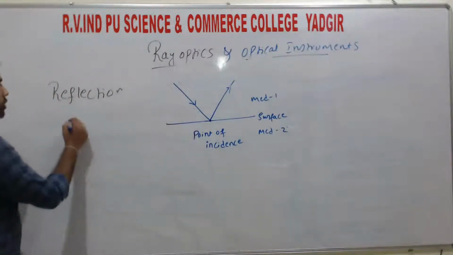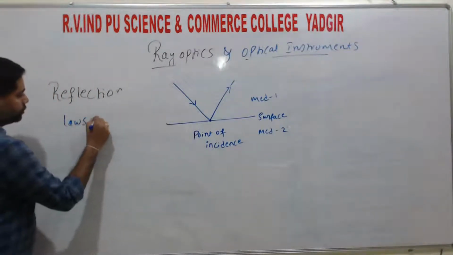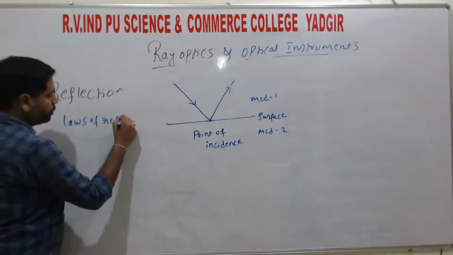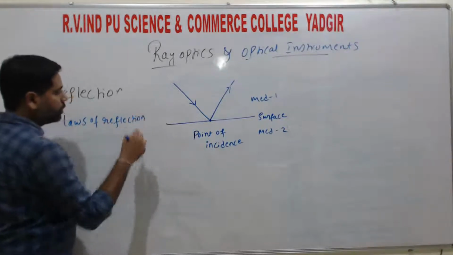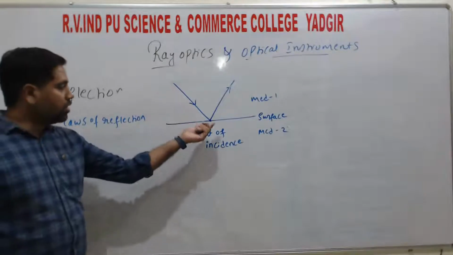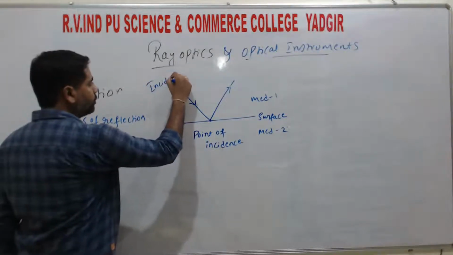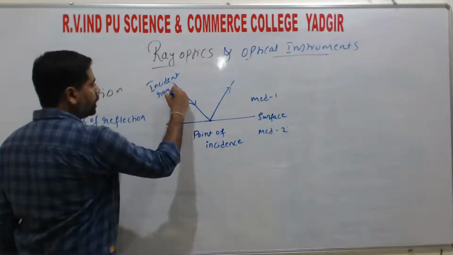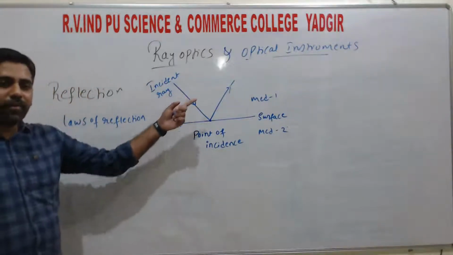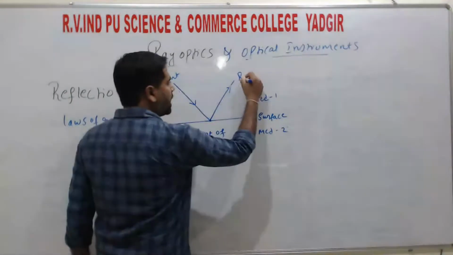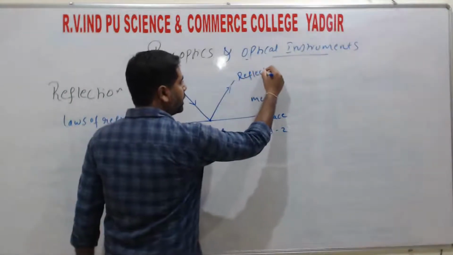Next, laws of reflection. The ray which is incident on the surface is called the incident ray. The ray which is sent back to the same medium, that one we call the reflected ray, right?